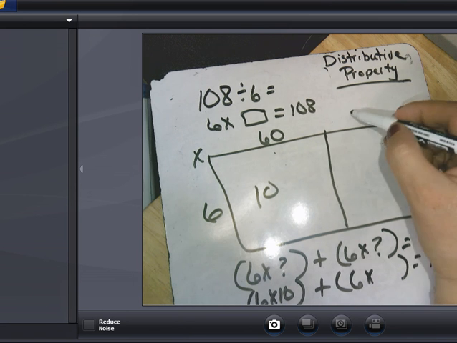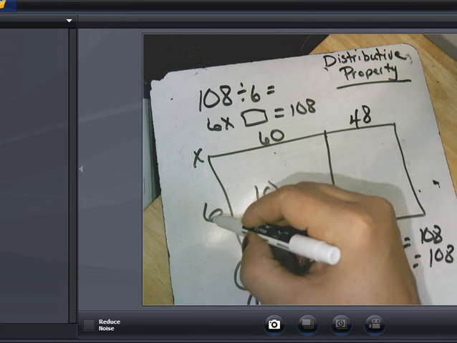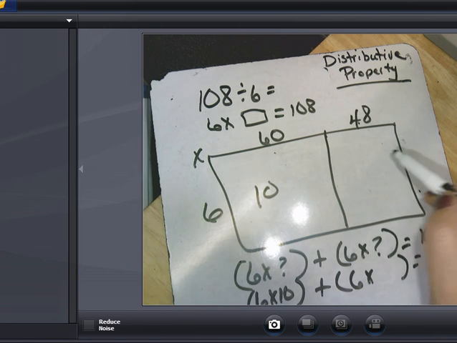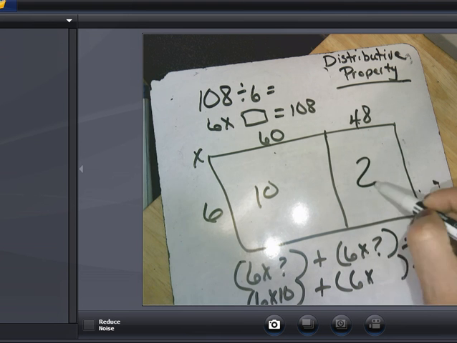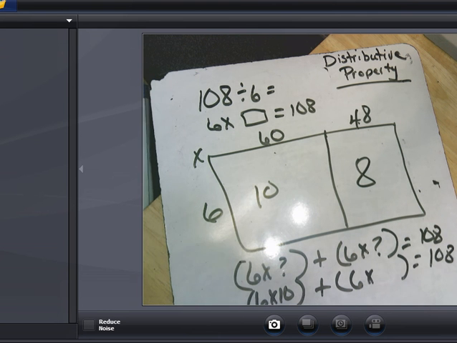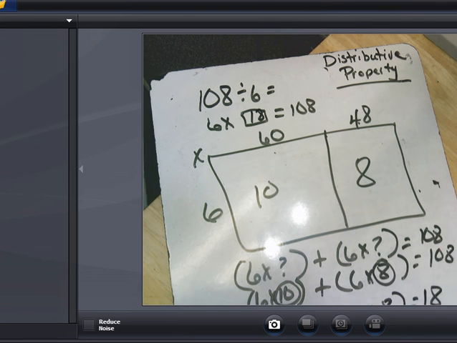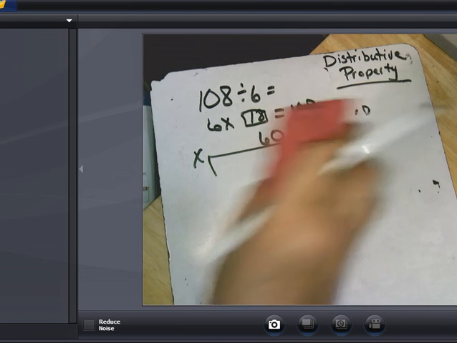So 6 times what will get me to 48? Well, that was my favorite fact. So 6 times 8 equals 48. So I have to add together 10 plus 8, and I get 18. My answer is 18.